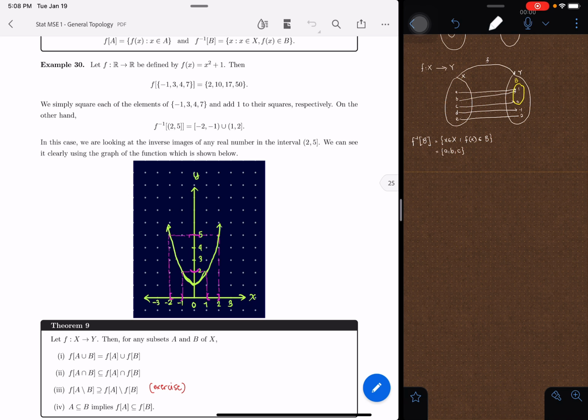It is the interval from negative 2, closed, to negative 1, open, and the interval from 1 to 2, open at 1 and closed at 2. Okay, so why is that? Because our B here is the half open, half closed interval from 2 to 5.